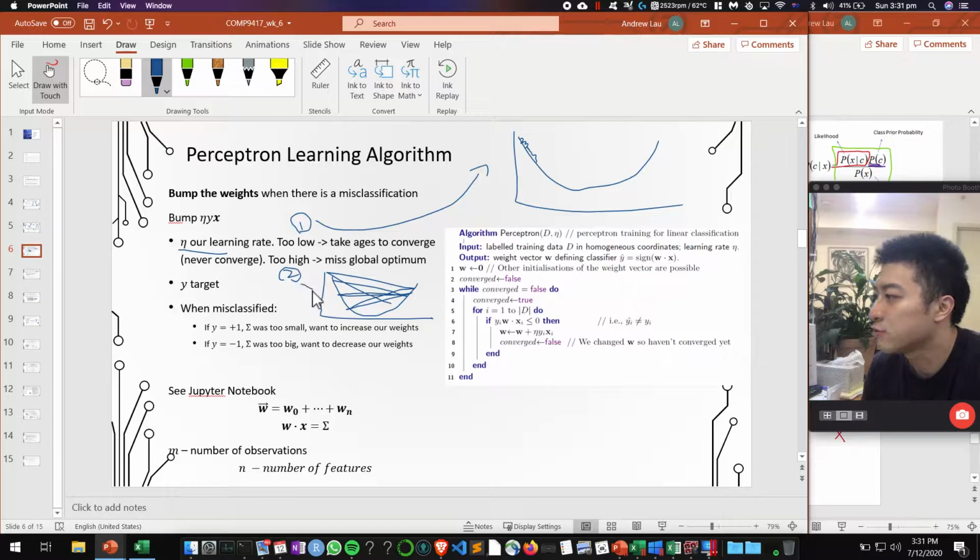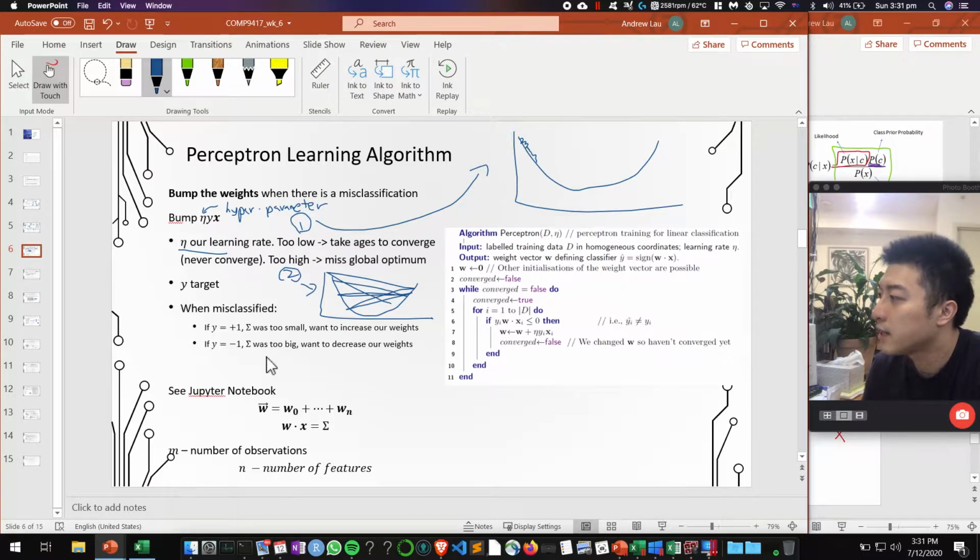So there's two things to consider here: too high and too low. This little eta here is considered a hyperparameter. It's something you'll define before you start learning, and then you can play around with it to find out what your best learning rate is for that specific training data.